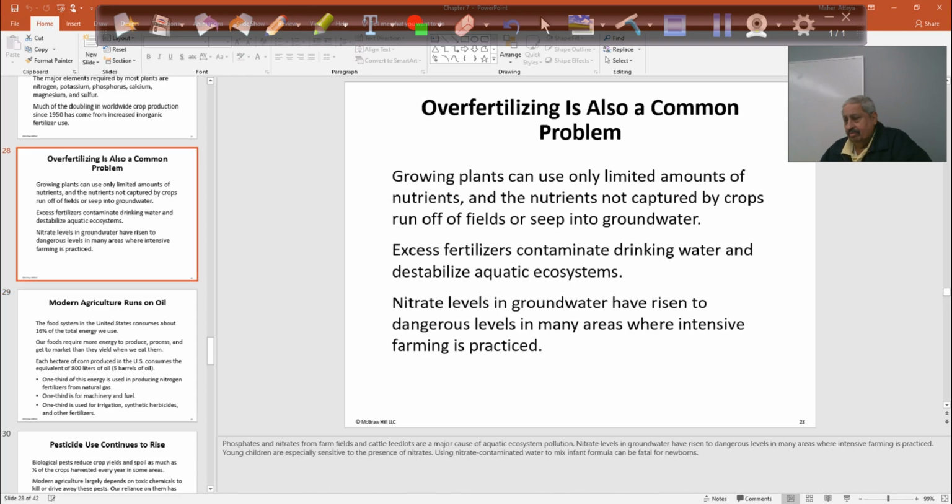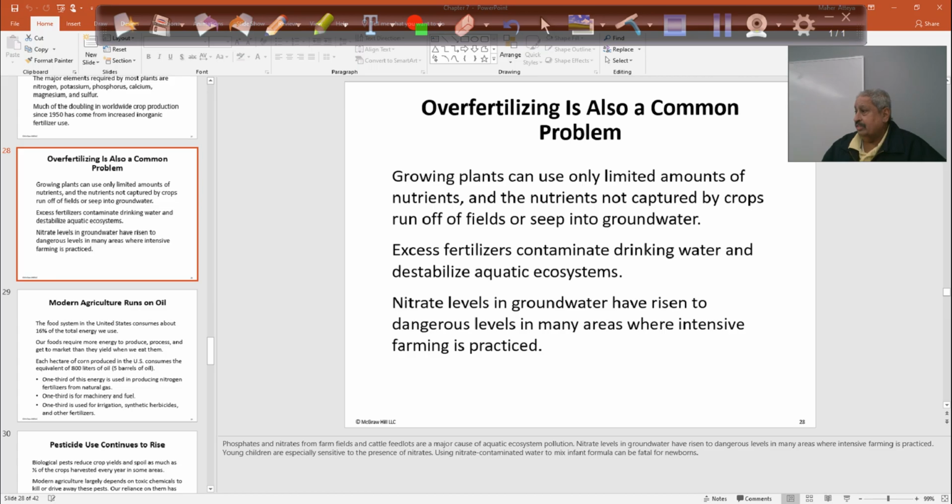Over-fertilizing is also a common problem. Well, always we have to be moderate. We don't have to over-fertilize. What happens is if you put too much of those minerals, guess what? They'll end up where? They'll seep into the soil, into the underground water level, and they will contaminate the underground water.